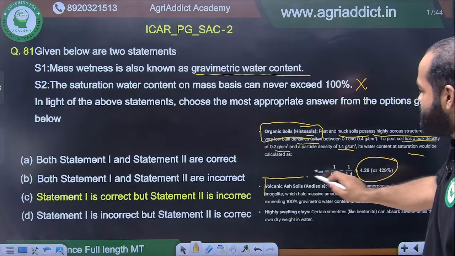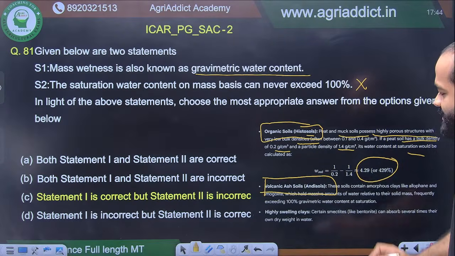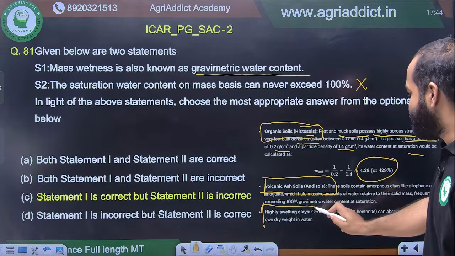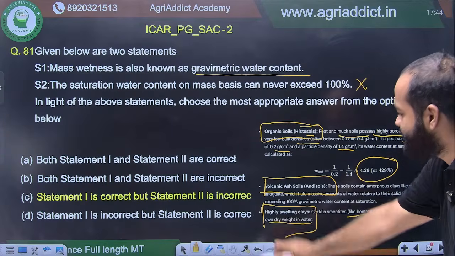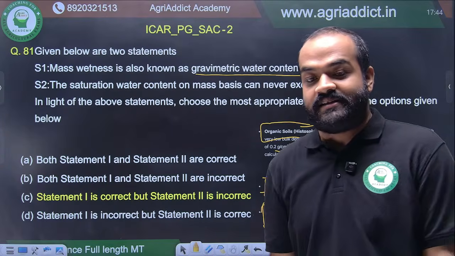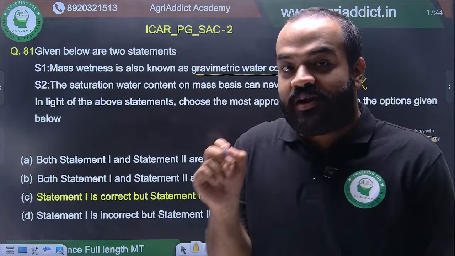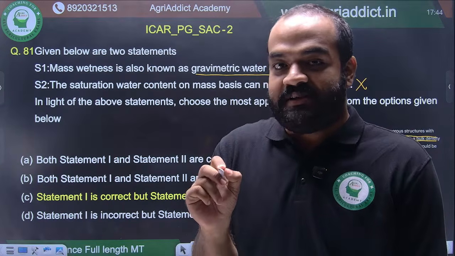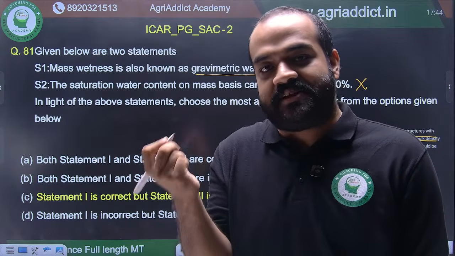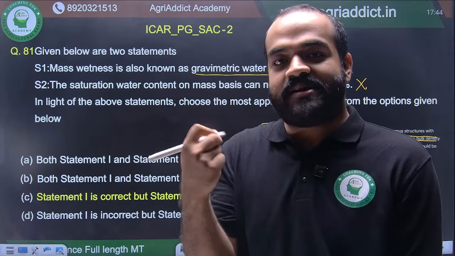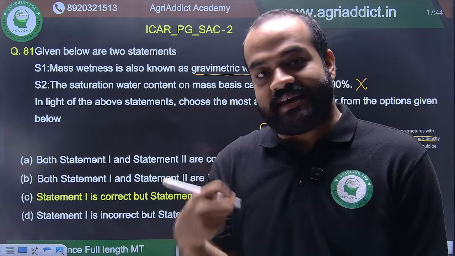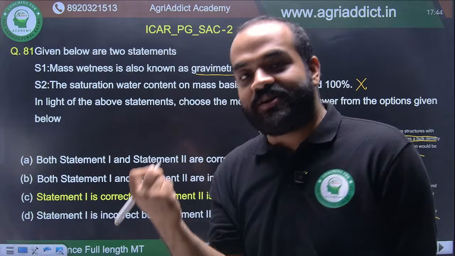That is what I am showing. Volcanic ash soil has very low bulk density, and there are highly swelling clays. Certain smectites like bentonite can absorb several times their own dry weight in water. I am talking on mass basis. Mass of water can exceed 100% because what does mass mean? Mass of water divided by mass of soil. There can be more mass of water than the mass of soil. How?